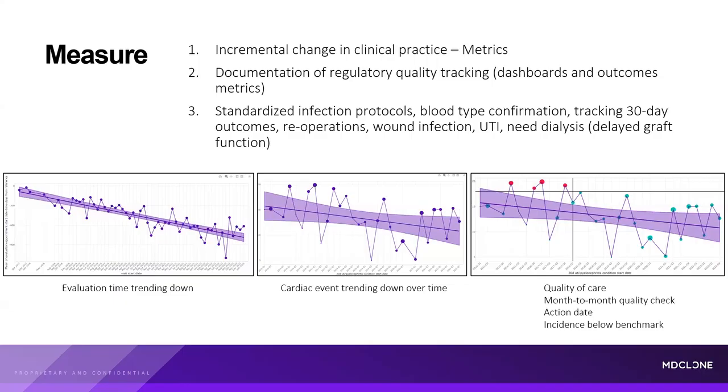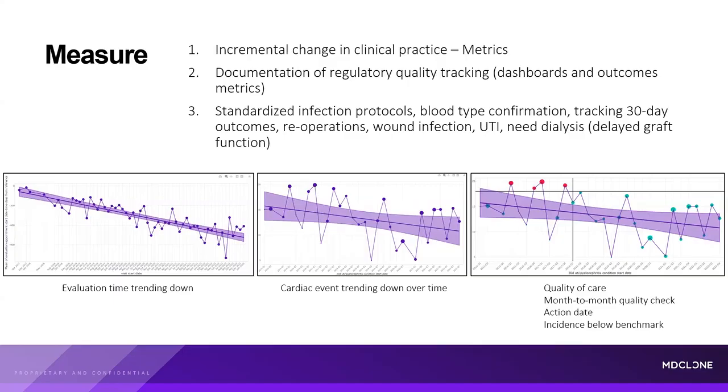After we made some of these changes, we looked at clinical outcomes such as urinary tract infection, wound infection, reops, the need for dialysis or delayed graft function, and found that it was trending slightly down and also below that benchmark indicated by the horizontal line. Everything after that initial intervention resulted in a green point showing that we were compliant with our benchmark.